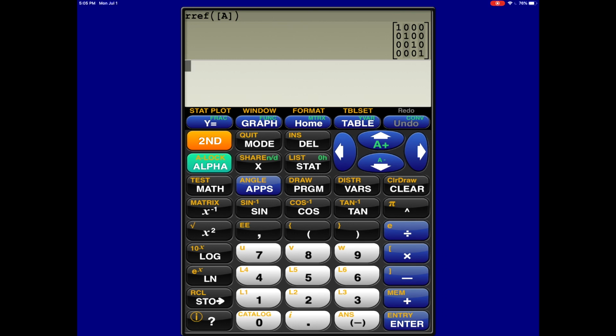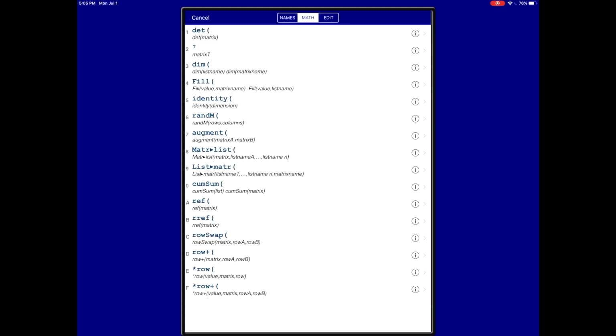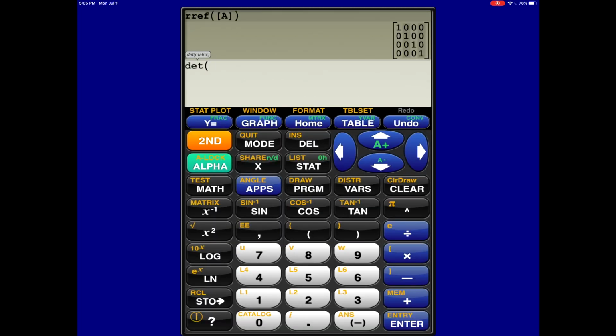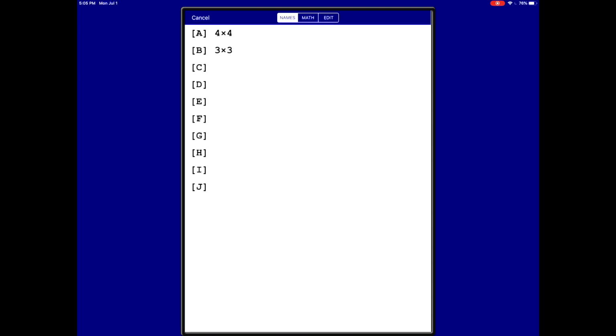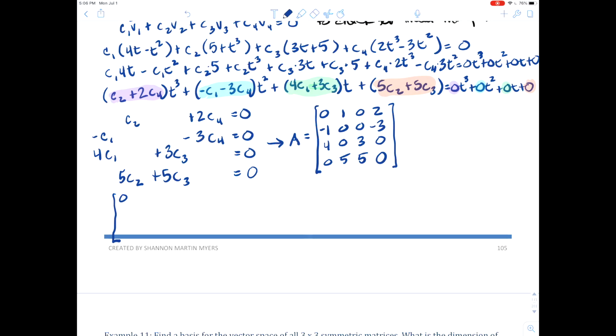And then let's also take a look at the determinant of A, which would be for spanning. When you have a homogeneous system, you don't have to enter in the last column of zeros. You just need to know that you have an augmented matrix.